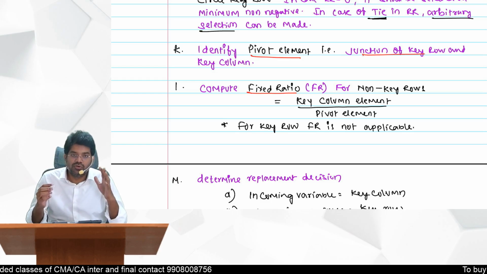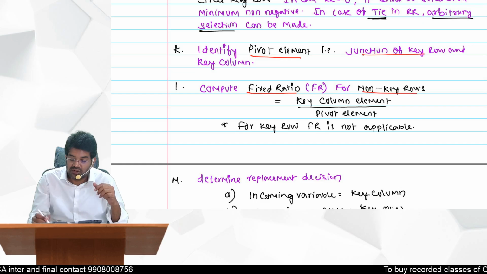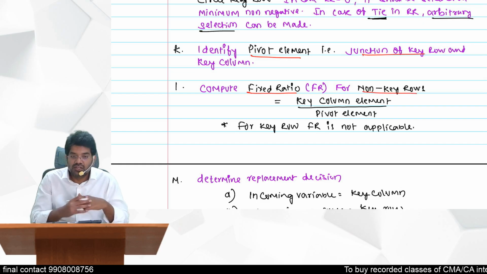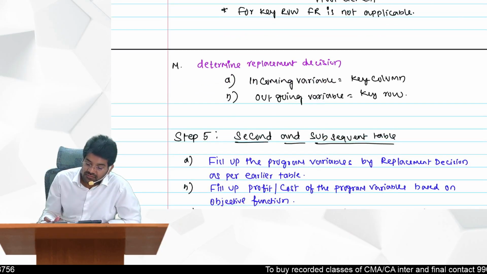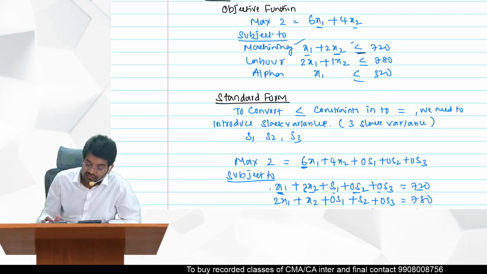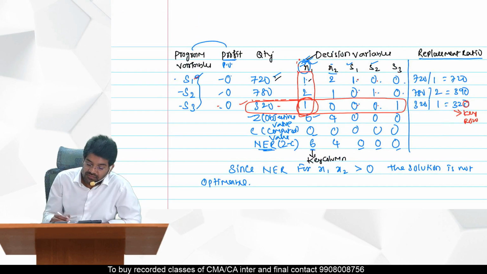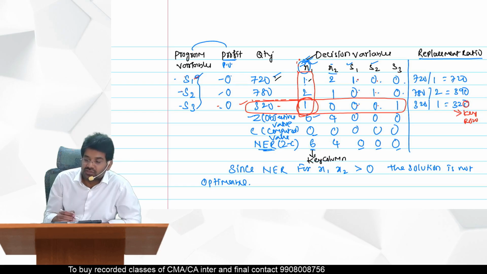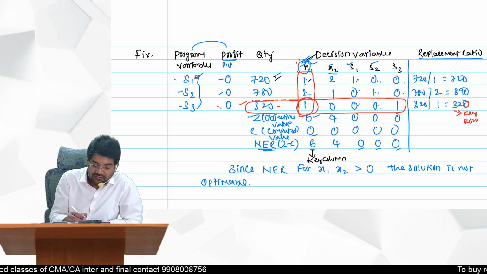Now calculate the fixed ratio for non-key rows. This is the key row, so S1 and S2 are the non-key rows. For non-key rows you should calculate the fixed ratio.